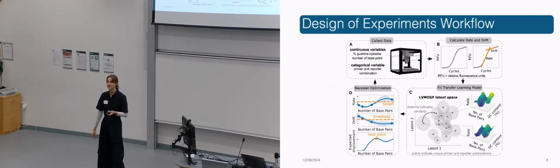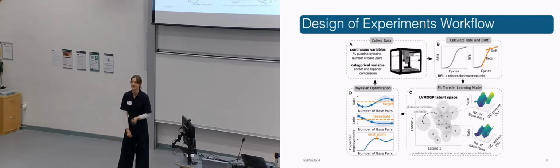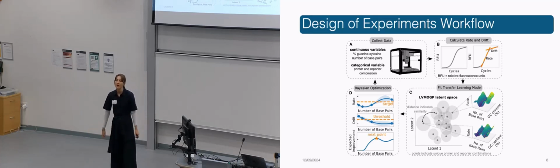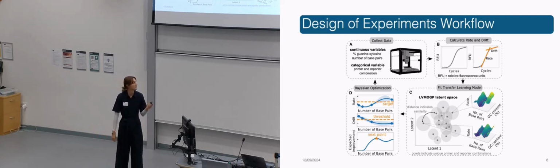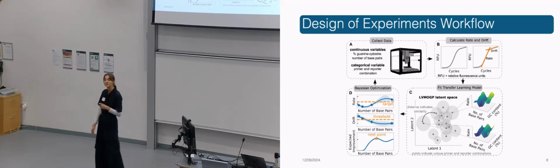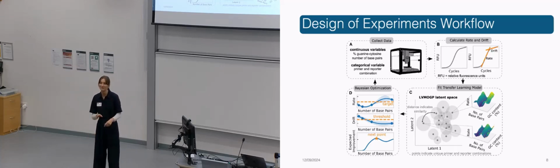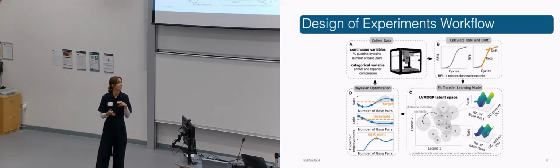So the way we do this is using design of experiments. Design of experiments is essentially using statistics to more intelligently decide which experiments you're going to do. This is our design of experiments workflow. We start off by collecting the data. We use a PCR robot for this. We've got 2 continuous variables, our length and our GC content, and then we've got categorical variables which define the different competitors.